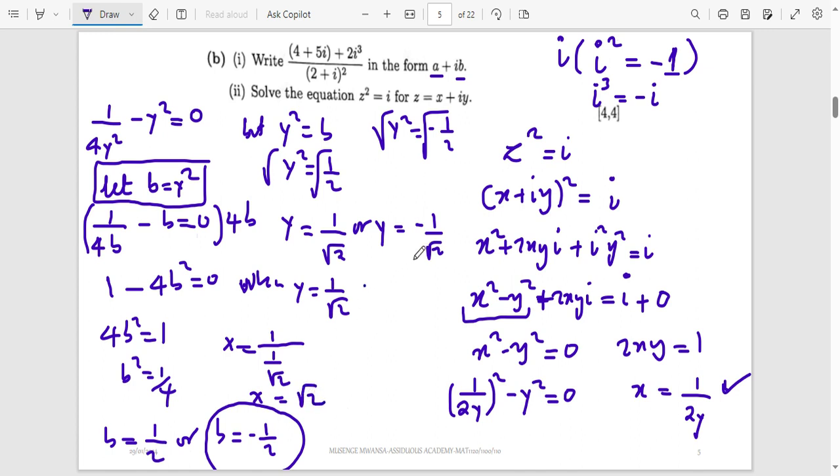And when y is equal to negative 1 over square root of 2, x is going to be equal to 1 over, where there is y in the denominator here, we'll put now negative 1 over square root of 2, meaning that x is going to be equal to negative square root of 2. So this is this one.